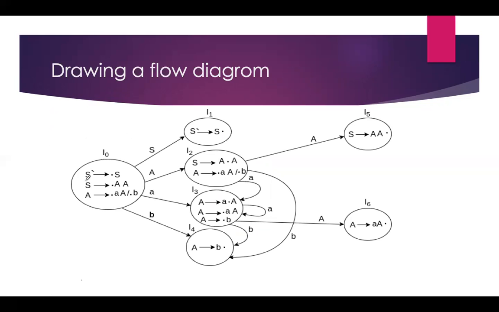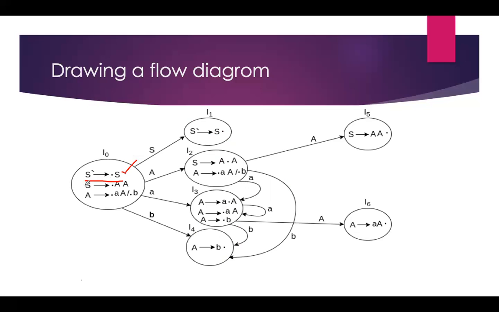Here we will take this particular rule: S dash tends to dot S, so the dot we will move in the next state, that is S dot. Using this particular grammar symbol S, we are moving to the next state, that is called I1 state. S dash tends to S dot, the dot is moving here. After the dot, nothing is here, so we will stop the state here only. There is no production rule that will appear here. This rule is completed.